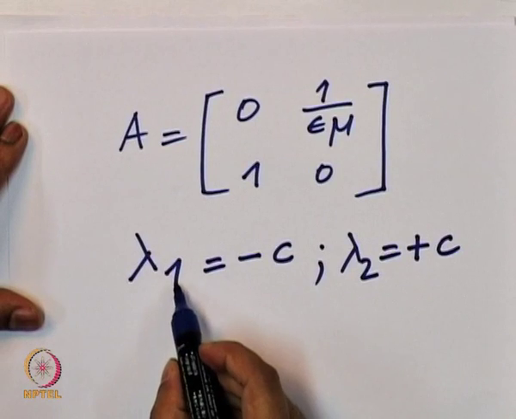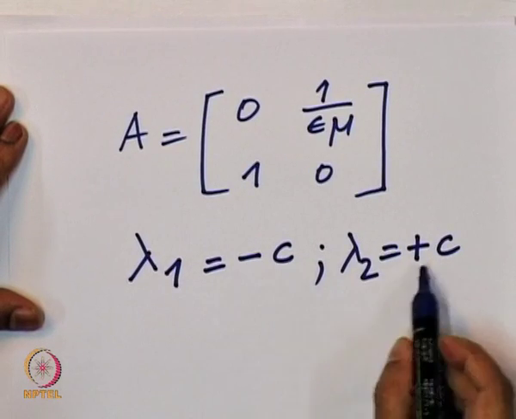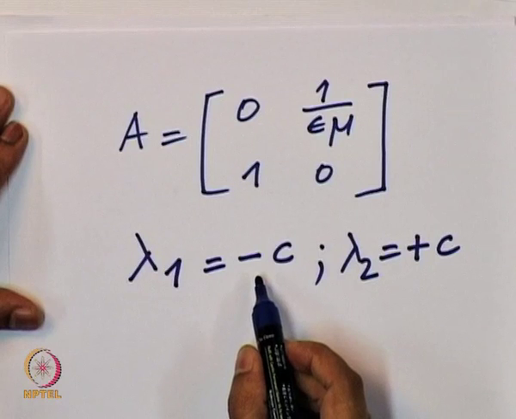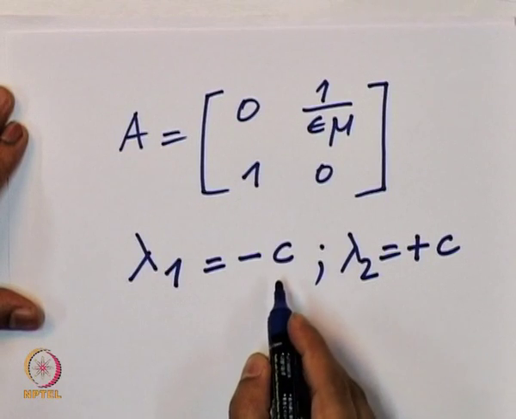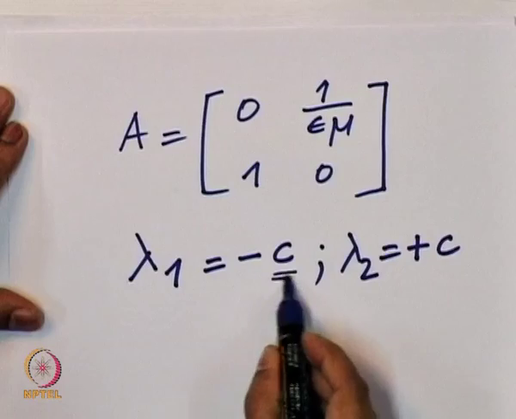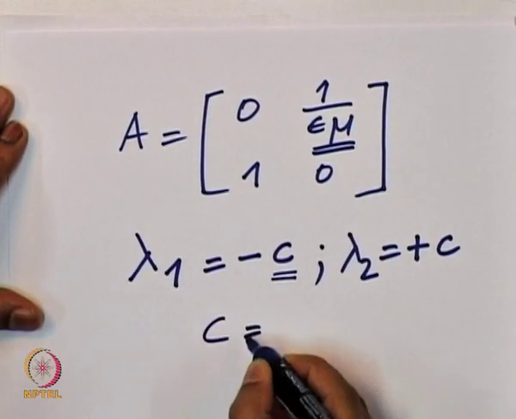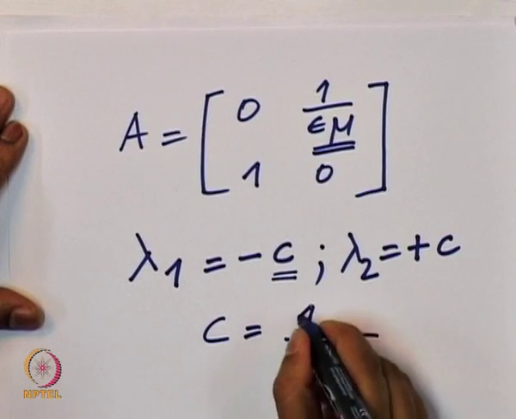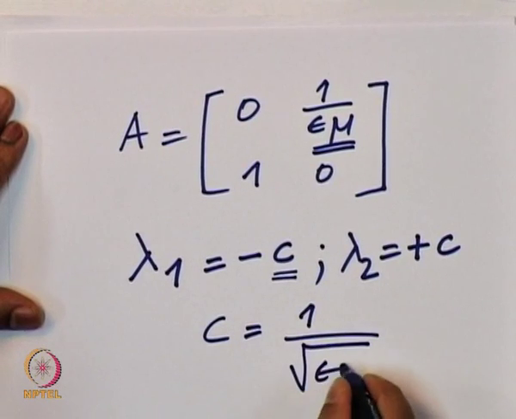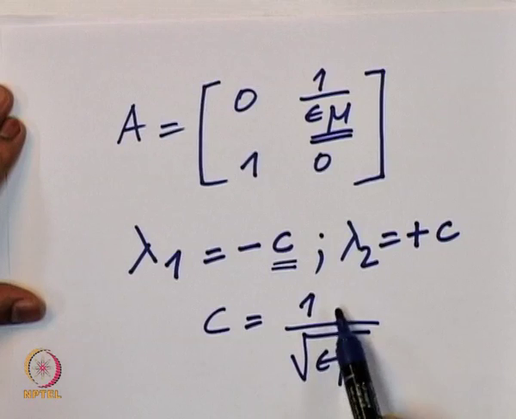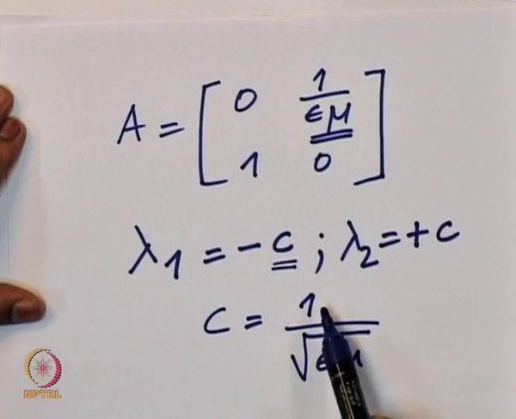Since lambda 1 and lambda 2 are distinct, these are a representation for a strictly hyperbolic system. And obviously there is a connection between the c and the components here. c is nothing but 1 over square root of epsilon mu. So this is the characteristic velocity at which the wave propagates.